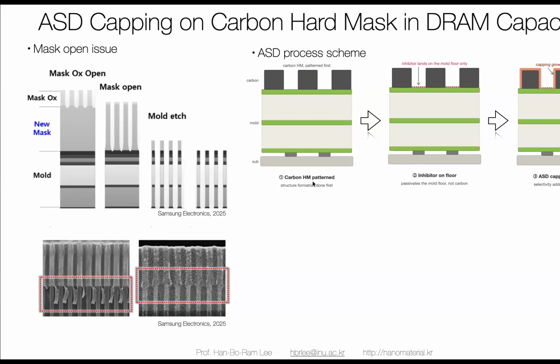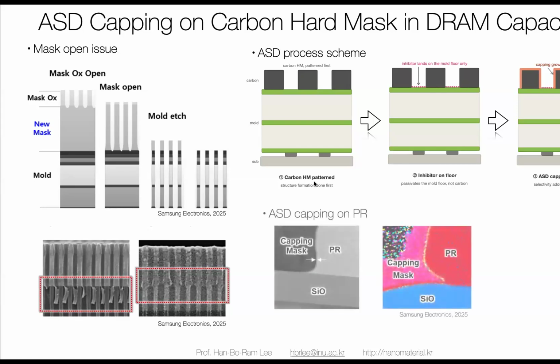Amorphous carbon is not a very strong material. So they make a protection layer on the amorphous carbon and then etch it out to the bottom. So this is some result from Samsung Electronics. They selectively deposit a film on the PR layer, and then they can make the PR much stronger.